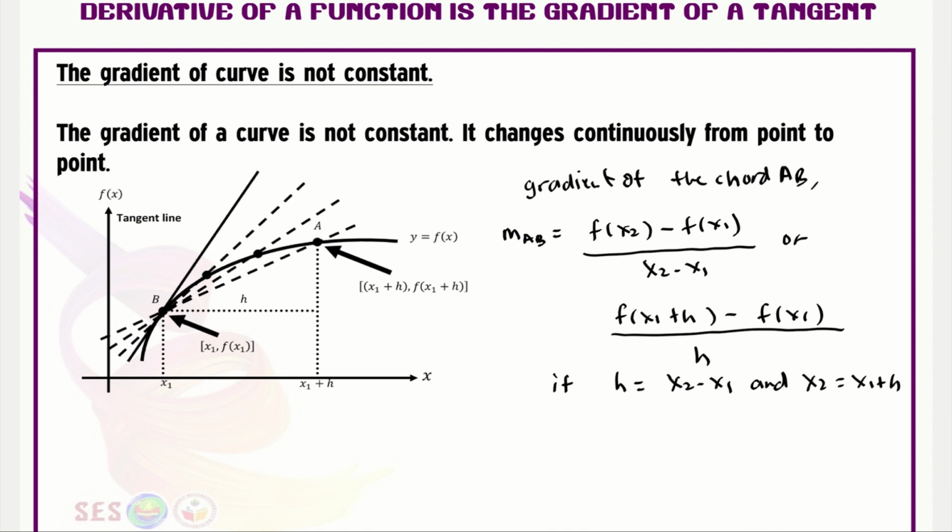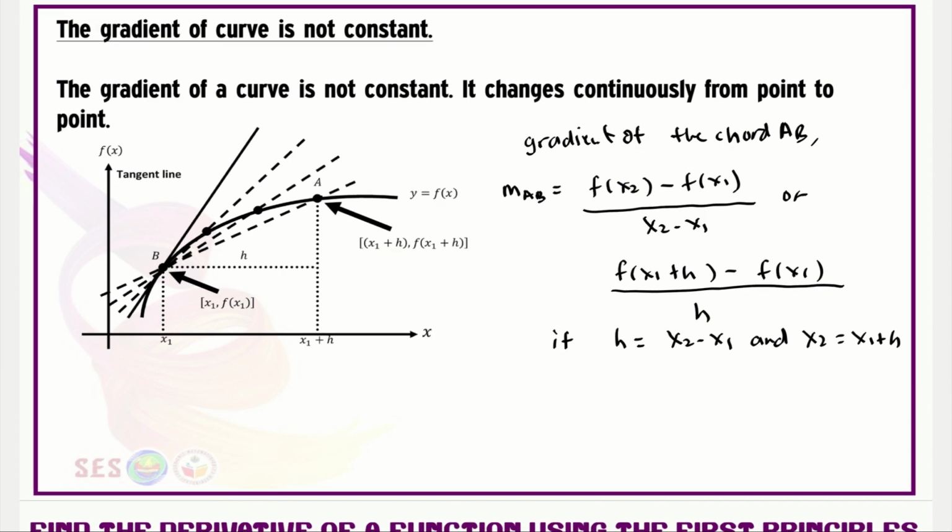This is if and only if h equals x2 minus x1 and x2 equals x1 plus h. Suppose that h is approaching 0. This is something you need to relate with chapter 1, limits.